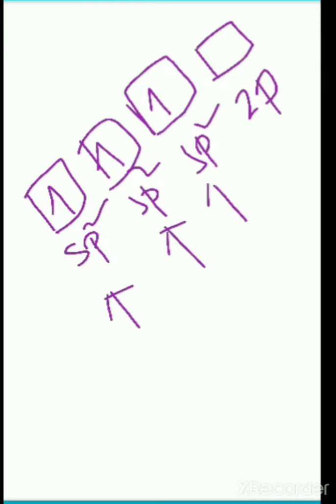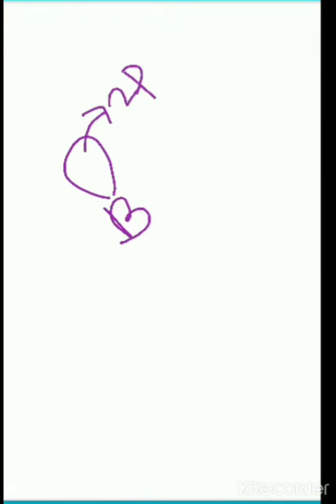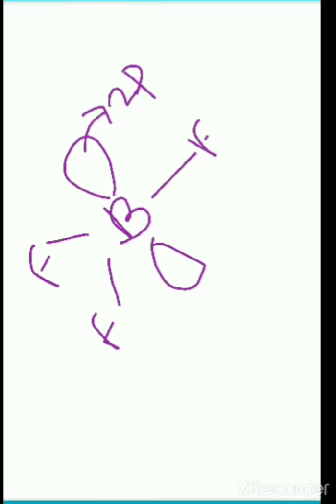Fluorine is bonded with these 3 sp2 orbitals, and this remains vacant. Now let's see. This is the 2p orbital which is remaining vacant, and there are 3 fluorine on sp2 boron, right?